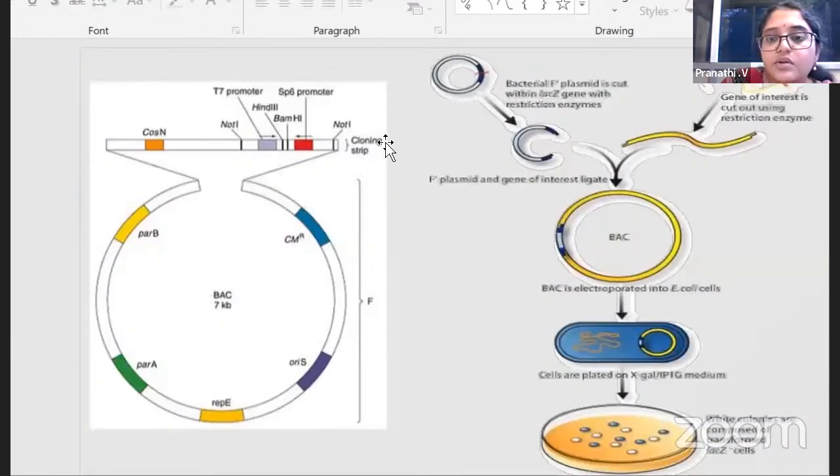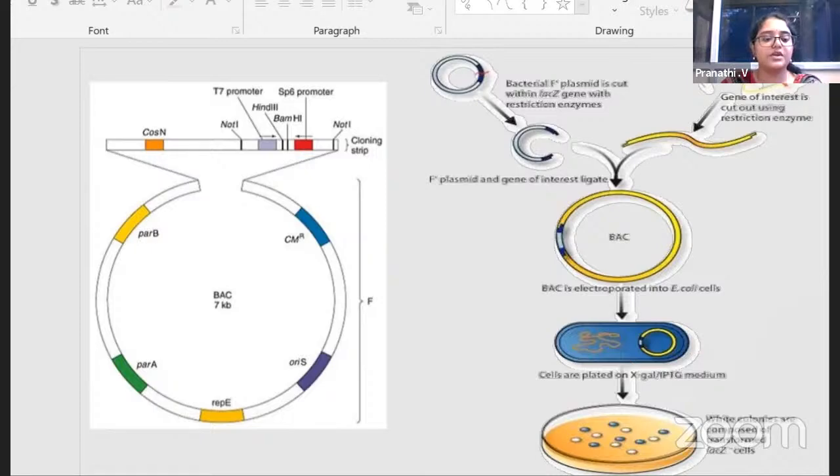This is how you do it: the F plasmid is cut, and the gene of interest is also cut using the same restriction enzyme, then they are ligated together and electroporated into E. coli cells. Then you plate on X-gal or IPTG medium, and wherever there are white colonies, that is when you know the cells have been transformed.